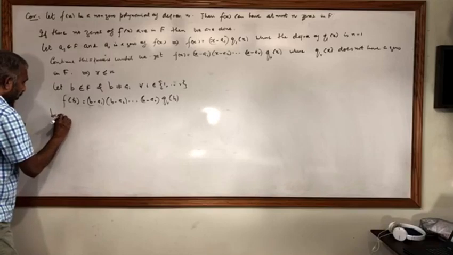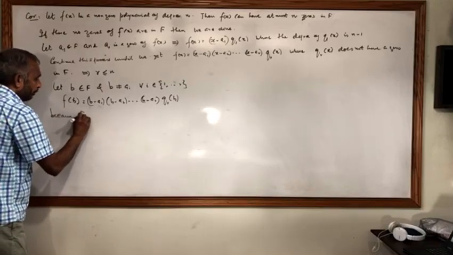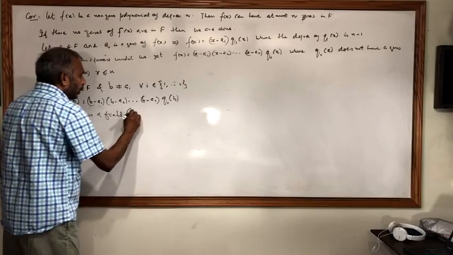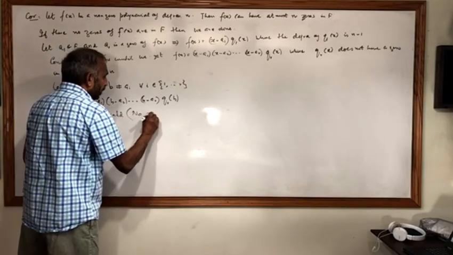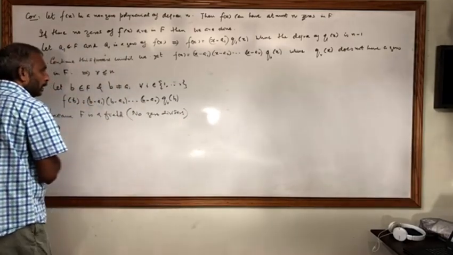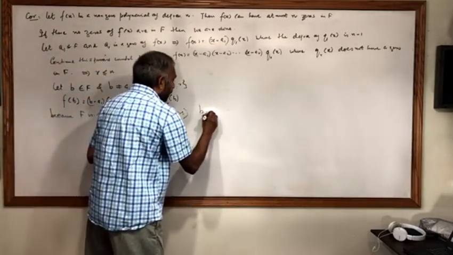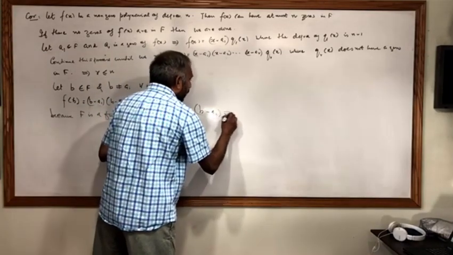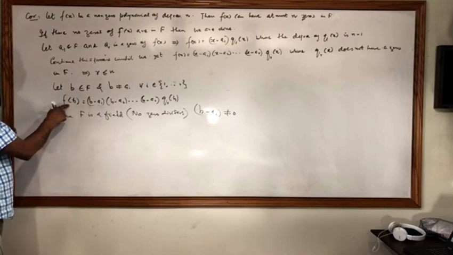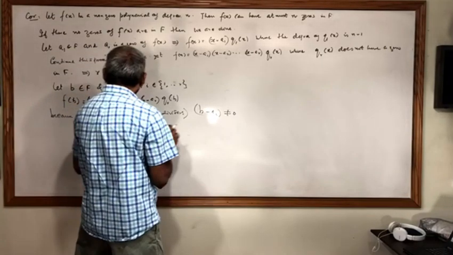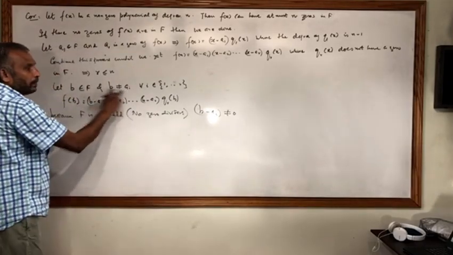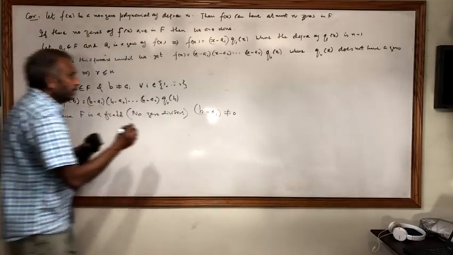Because F is a field, there are no zero divisors. b minus ai cannot be 0, because b is different from ai.